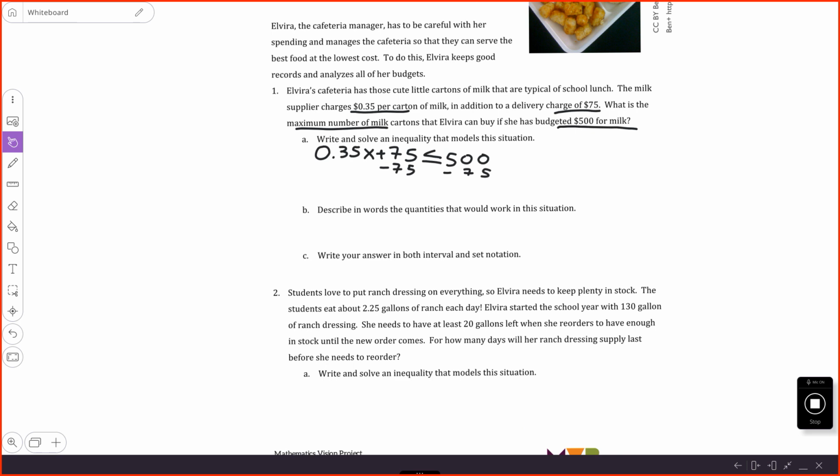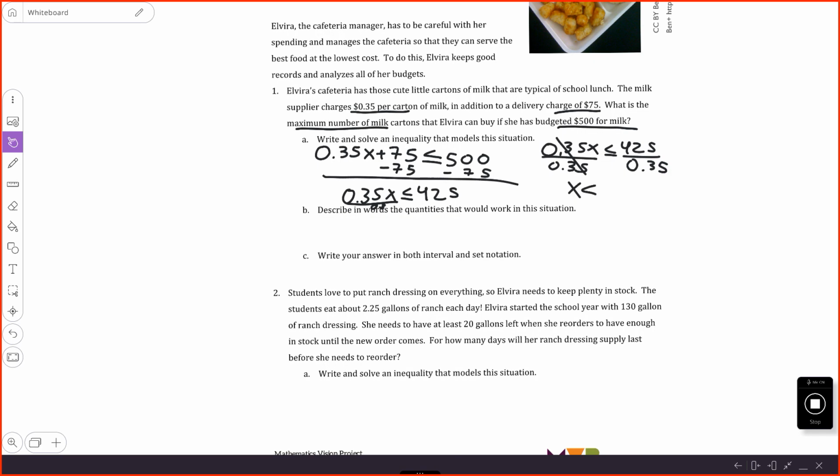And so I'll get 0.35x is less than or equal to 425. And then we divide by 0.35. Divide by 0.35.